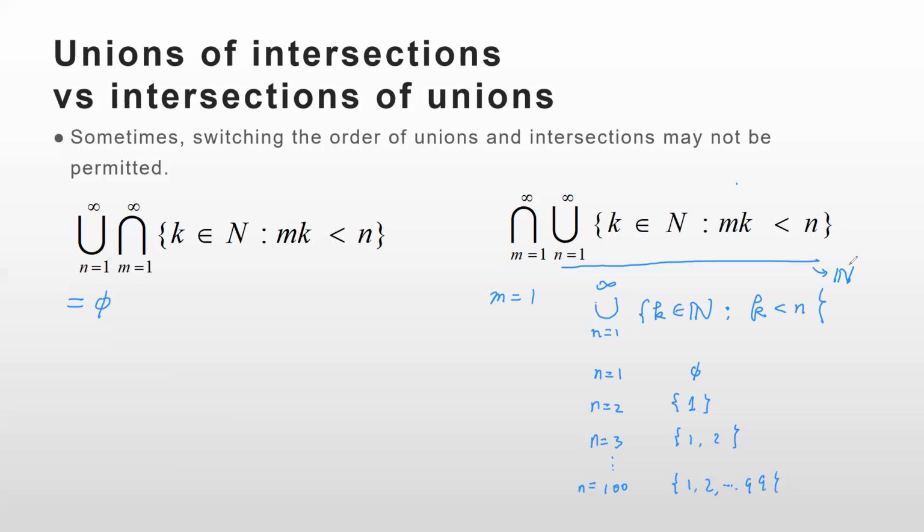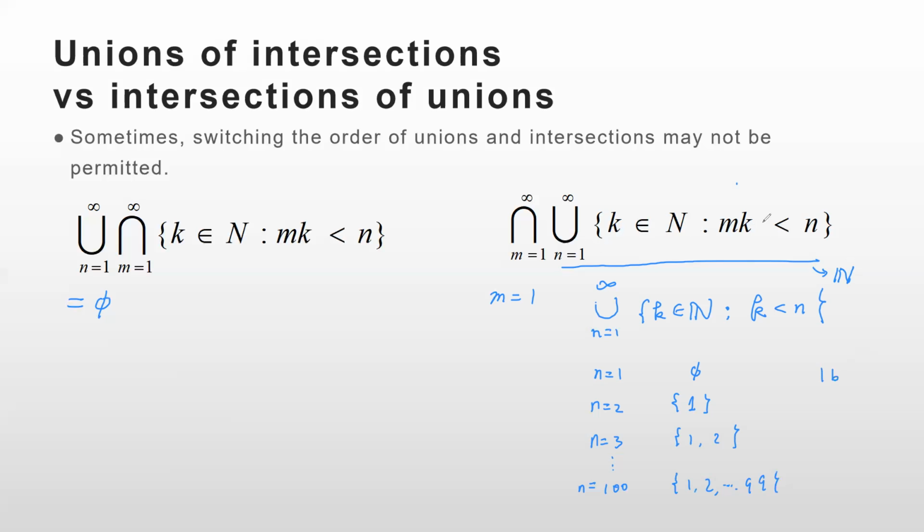Why? Well, given any natural number, say 1 billion, you can choose n to be bigger, say 2 billion.